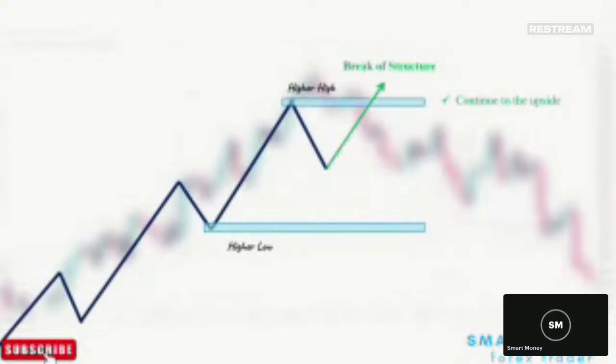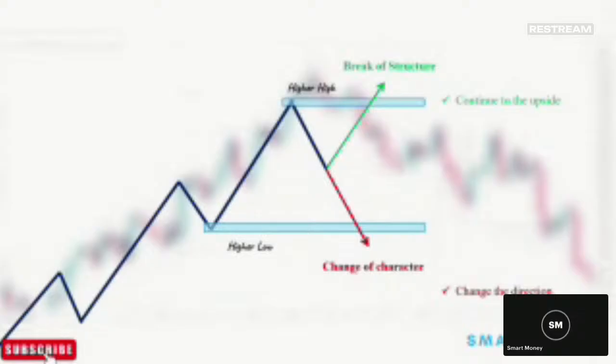Breaking the latest higher high to the upside indicates that the market intends to continue to the upside, which we refer to as a break of structure, BOS for short. On the contrary, if the market breaks the recent higher low to the downside, it indicates that the market intends to change its direction, which we refer to as a change of character, otherwise known as CHoCH.